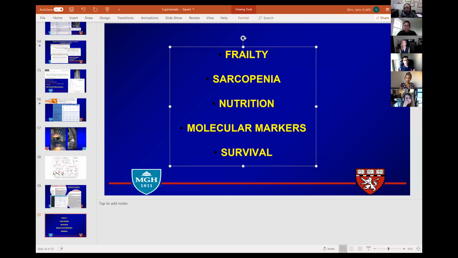That tends to be the vast majority of what you'll see. But as you can see, there's so much more that goes into this, and it really requires many different inputs from different services. When this is done well, as Dr. Shin has shown us, it really makes a tremendous impact in the prognosis of the patient.